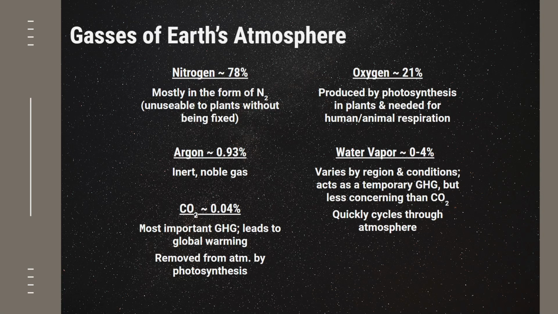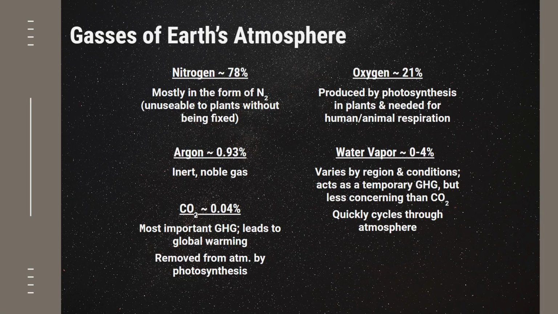It is not a greenhouse gas that we really need to be concerned about, so we do not need to take any actions to reduce water vapor in the atmosphere because, for one, we need water to cycle through the atmosphere so it can precipitate back down to Earth eventually, but also it moves through the atmosphere quite quickly, so it does not persist there for months or years like the greenhouse gases that we are more concerned about.